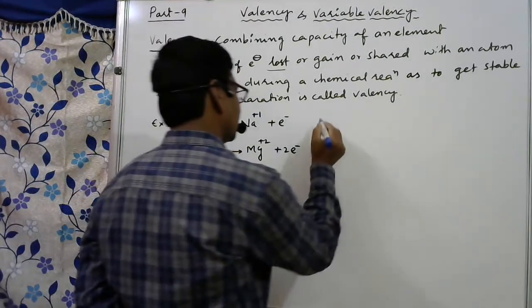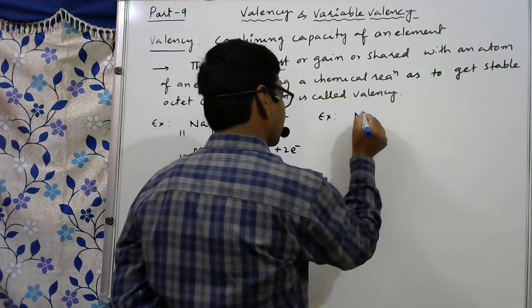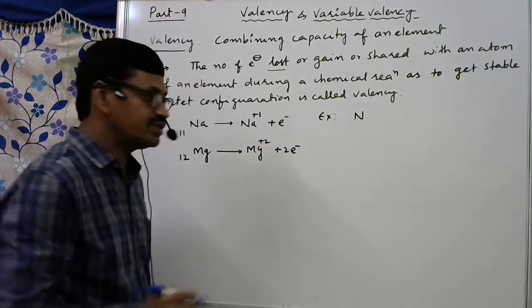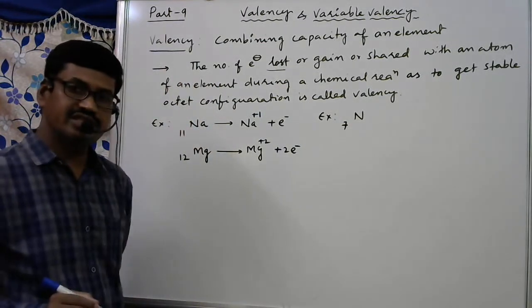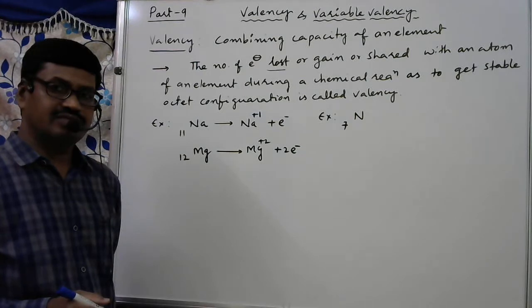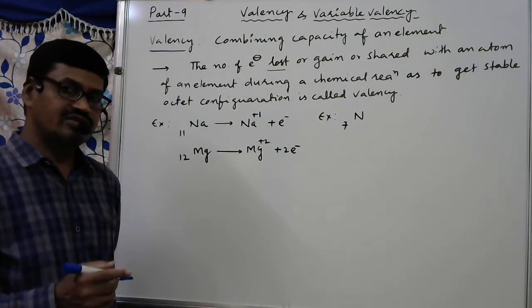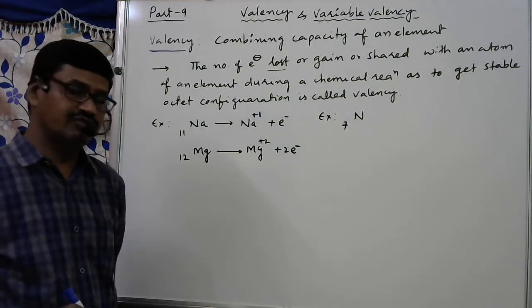Similarly, I am taking one more example. Nitrogen, its atomic number is 7. For this also the nearest inert gas is neon. It has to get 10 electrons, that is, 8 electrons in the valency shell, otherwise octet configuration.